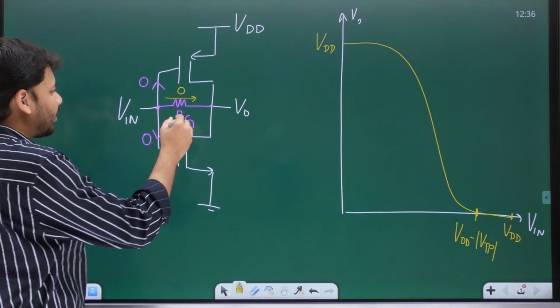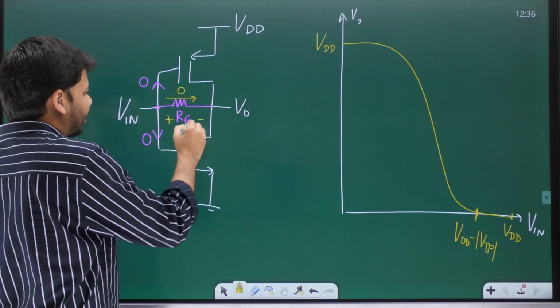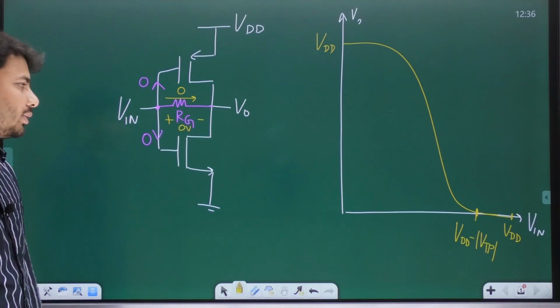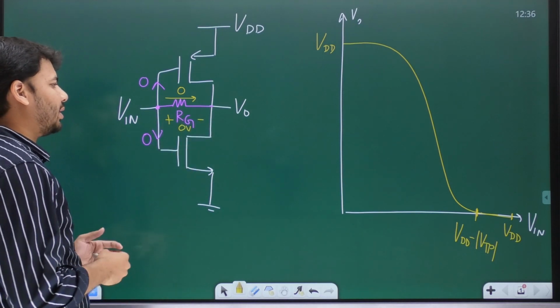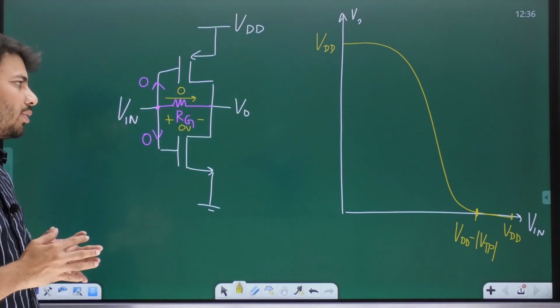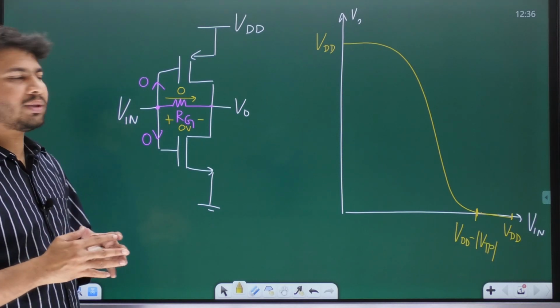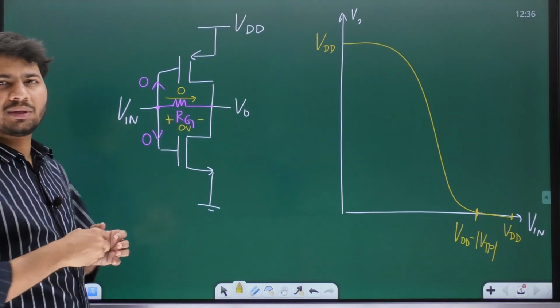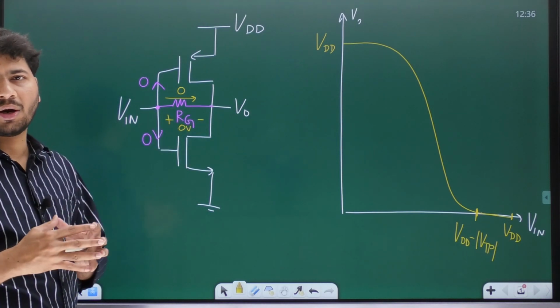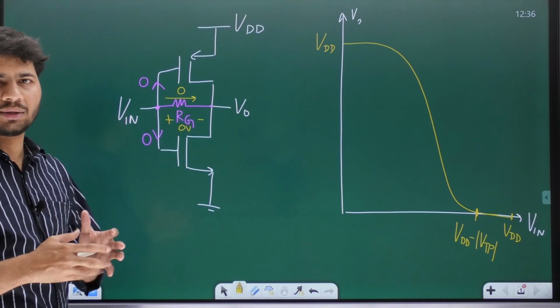Now because the current through RG is 0, the voltage drop across RG is also going to be 0. And since RG is between input and output, can we not say V0 becomes equal to Vn, or the output voltage becomes equal to the input voltage upon connecting this resistance between the input and output of the CMOS inverter or the NOT gate.